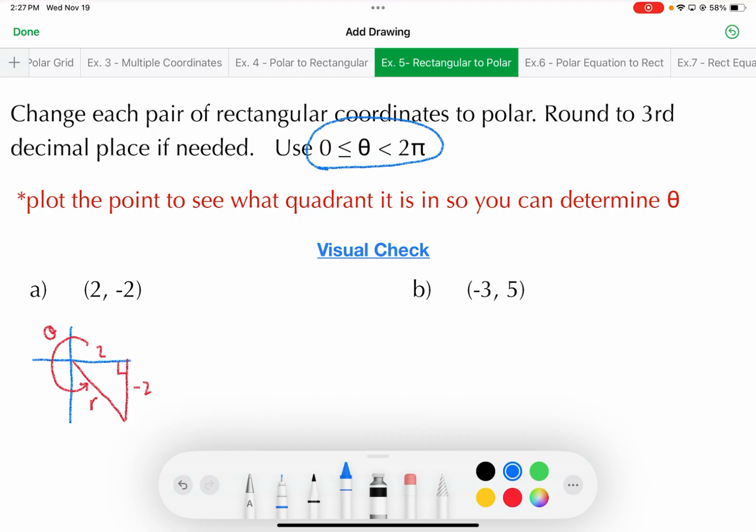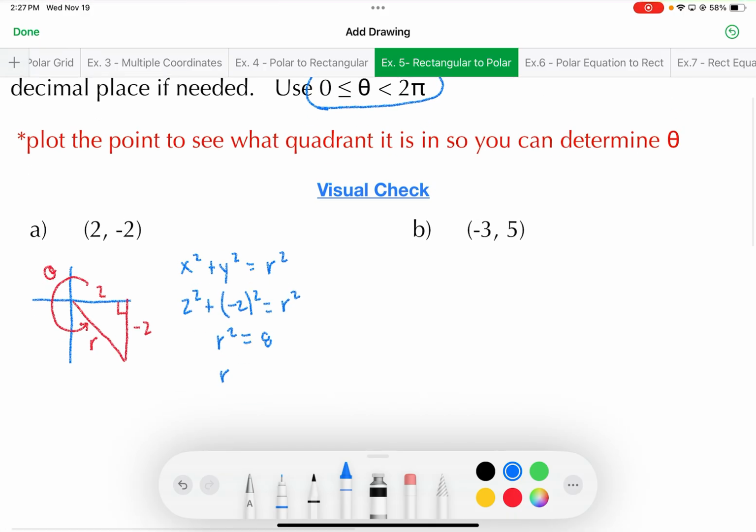Well, the R is really easy to get. Just use x squared plus y squared equals r squared, Pythagorean theorem. So that's going to be 2 squared plus negative 2 squared equals r squared. R squared will equal 8, so r is 2 radical 2, right?